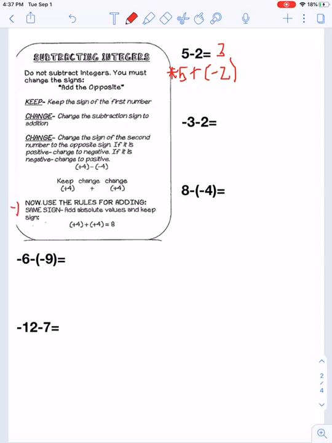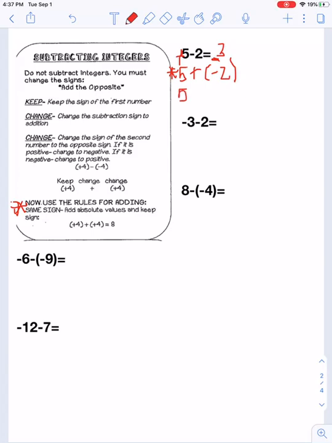Now we use our adding rules. So what we just talked about were the adding rules. This has a positive 5 and a negative 2. Those are different signs. So different signs we subtract.